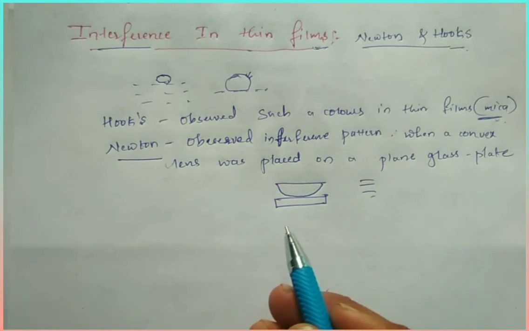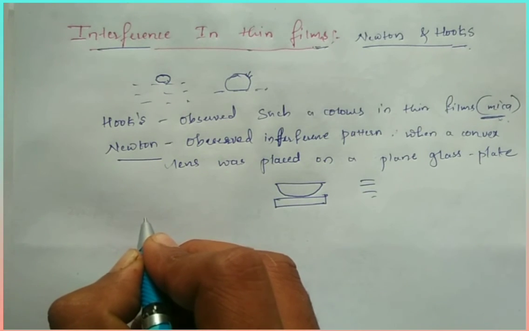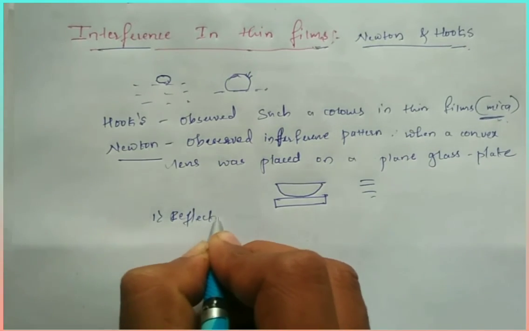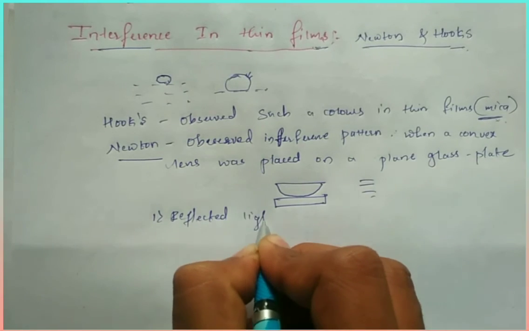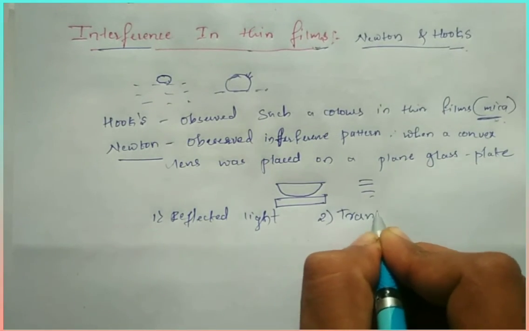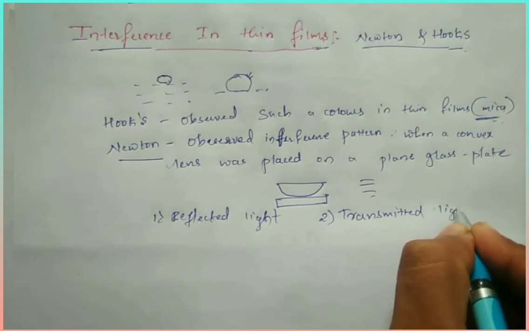So interference in thin films takes place due to the reflected light and the transmitted light.